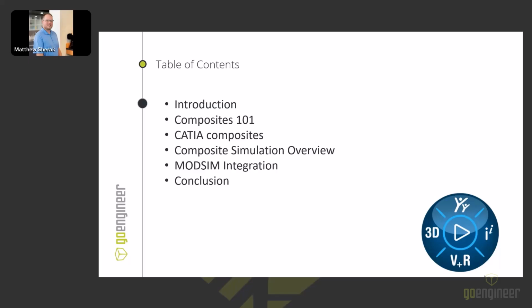And then we'll shift gears a little bit from there and talk about how we can then take those CATIA composites into simulation using the 3DEXPERIENCE simulation roles. And then we'll talk about how this coupling of technology works back and forth to make design changes and to do updates and those types of things. So that's our agenda for today. Again, if you have any questions, comments, concerns, please use the Q&A portion of the chat as we go through.